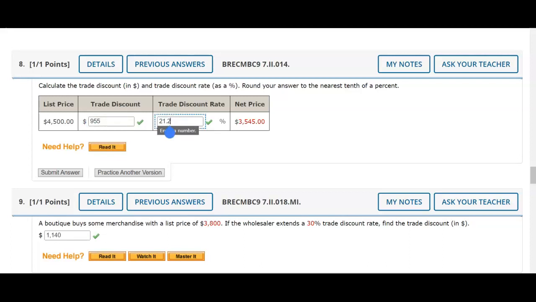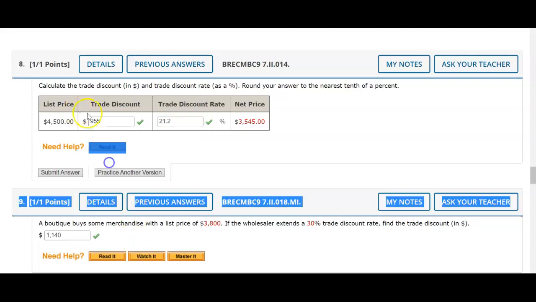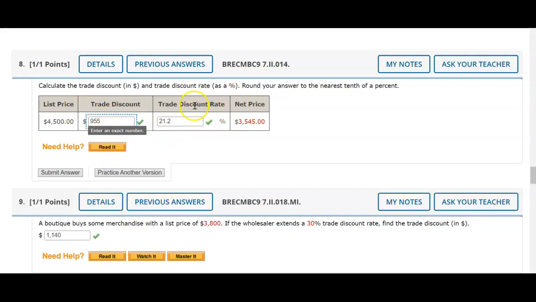Now our discount rate. The way you figure out the discount rate is you take the dollar amount of the discount. Anytime you're defining a rate, you're going to divide. So your discount divided by your list price.